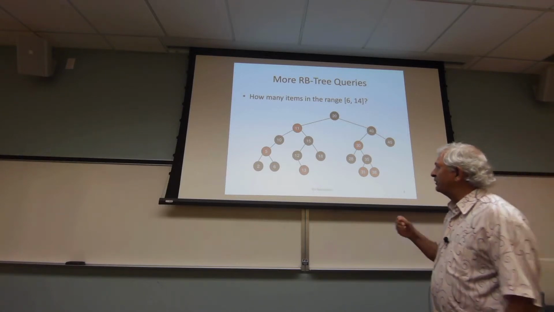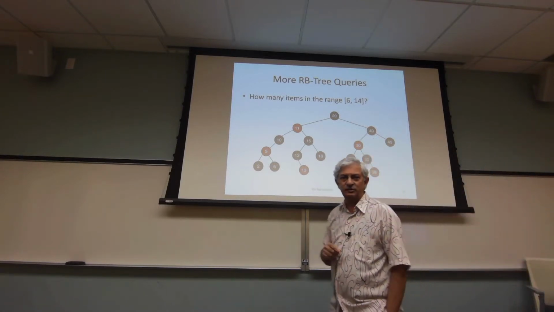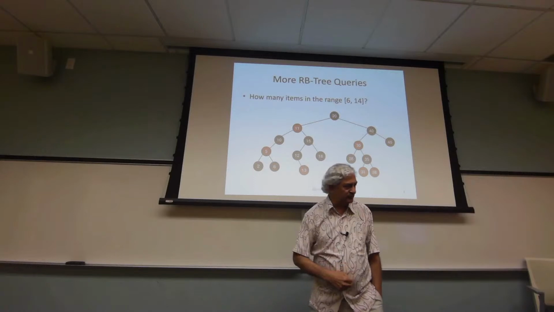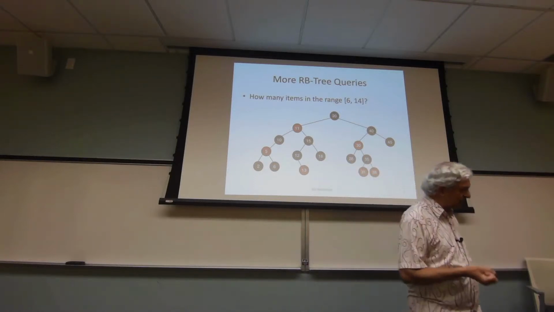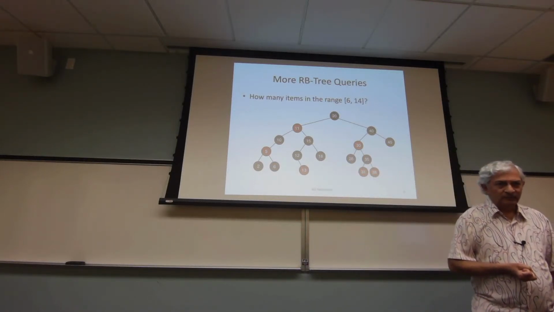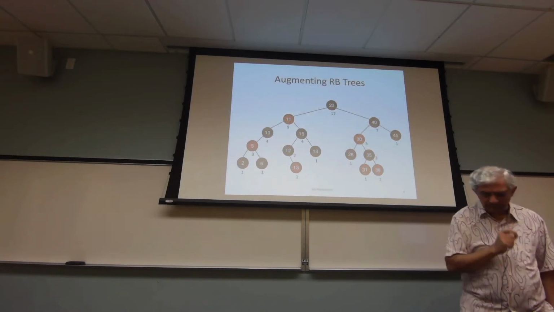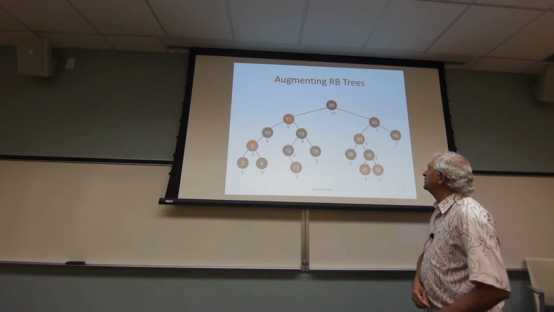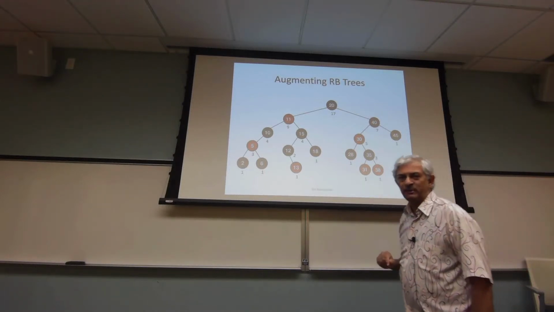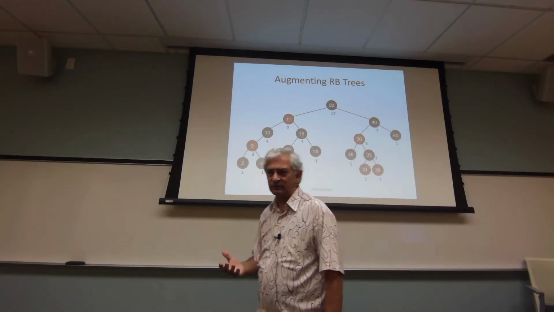So if you want to be able to answer such range queries very efficiently, then you have to do something more to this tree. And one of the first things that people used was to augment these red-black trees with additional information.